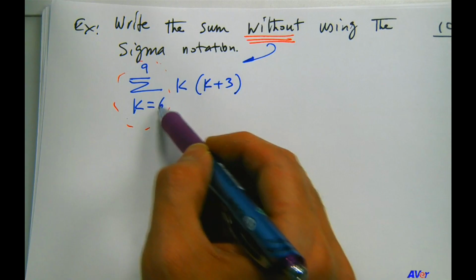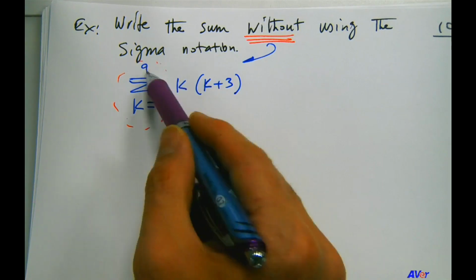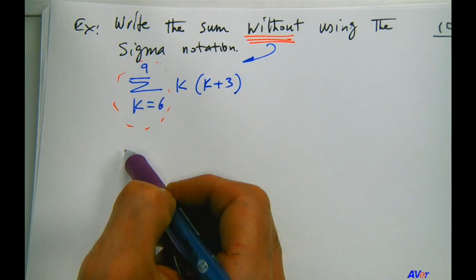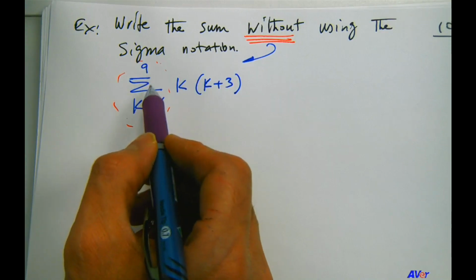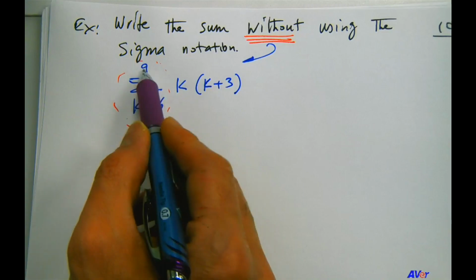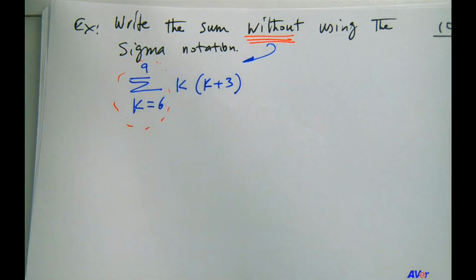It's starting from the 6th digit in the sum, and going up to the 9th digit. So they're saying add these 4 digits: the digit at location 6, the digit at location 7, the digit at location 8, and the digit at location 9. Okay? Add those 4 digits and write it without using the sigma notation.